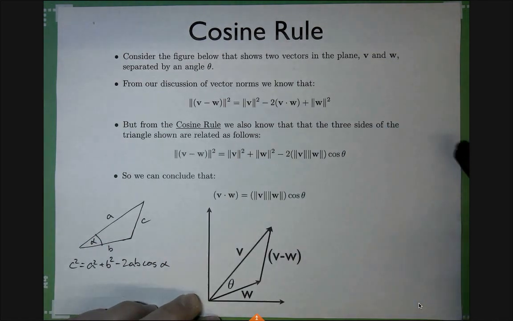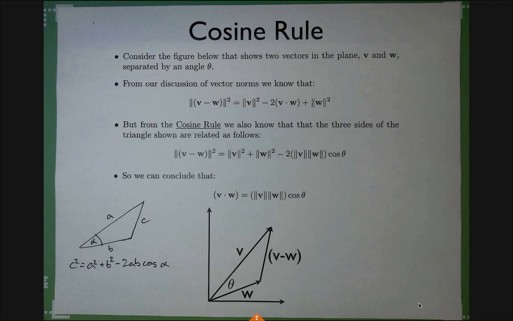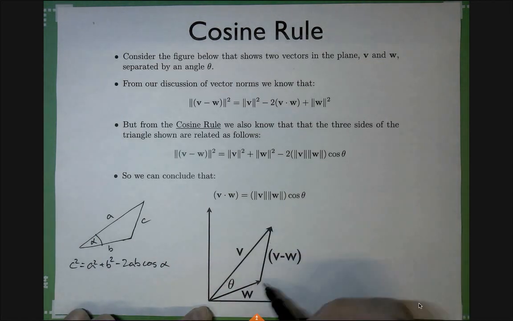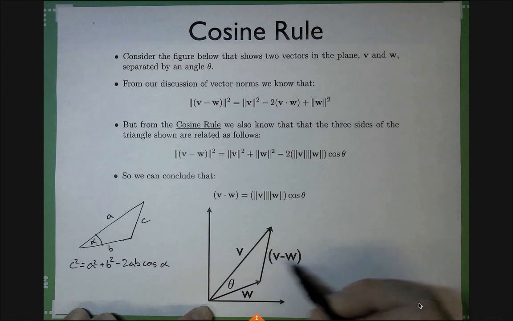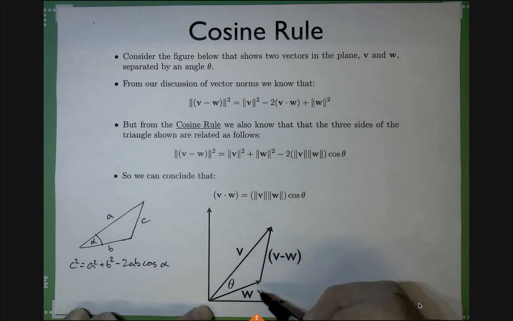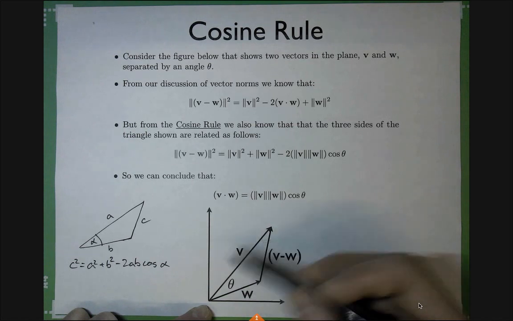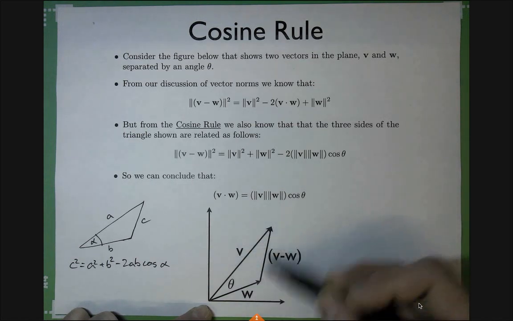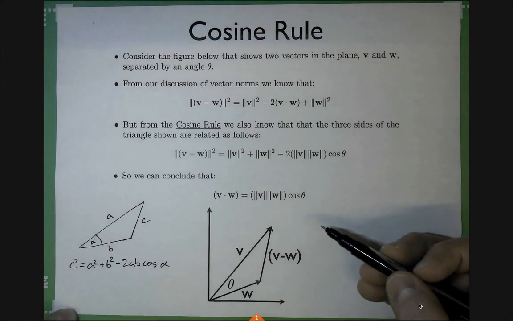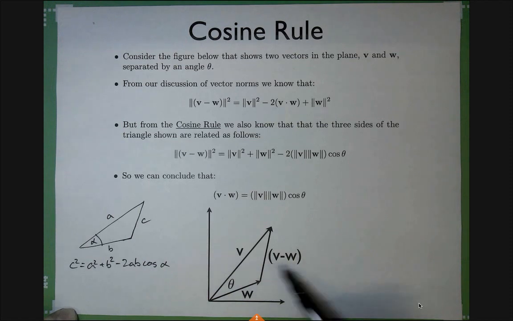And now we can use the cosine rule. So here is how it maps to the triangle. Here is my vector v, here is my vector w, and this would be v minus w. Before, we had the same picture where we were adding this vector with this vector and we got v. So if you want to go the other way around, subtract w from v, you get this vector. Here I can apply the cosine rule, because if I take the square norm of the vector v minus w, then I have nothing but c squared.